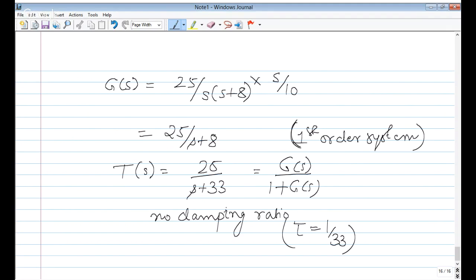Then again from Rupam Soni, consider the given network, VC is equal to 4 minus 5 VB. Then what should be the value of X? So Rupam, let us study this network.